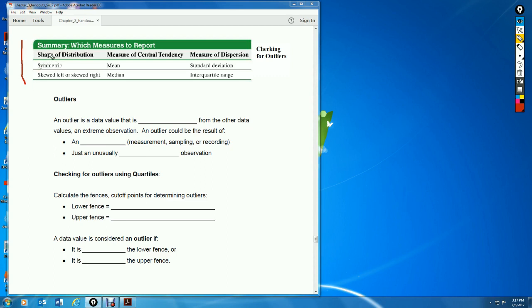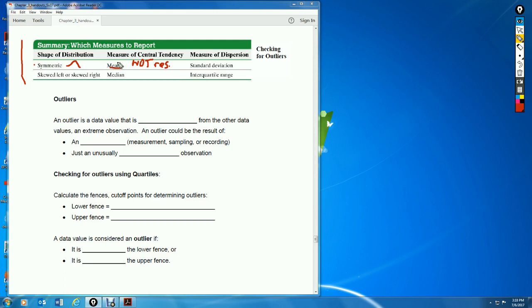So for example, if the shape of our distribution is basically symmetric, either uniform or bell-shaped, then in general we would report the mean. Remember, the mean is not resistant, but in this case we don't need it to be, because there are no extreme values and the distribution is fairly symmetric.